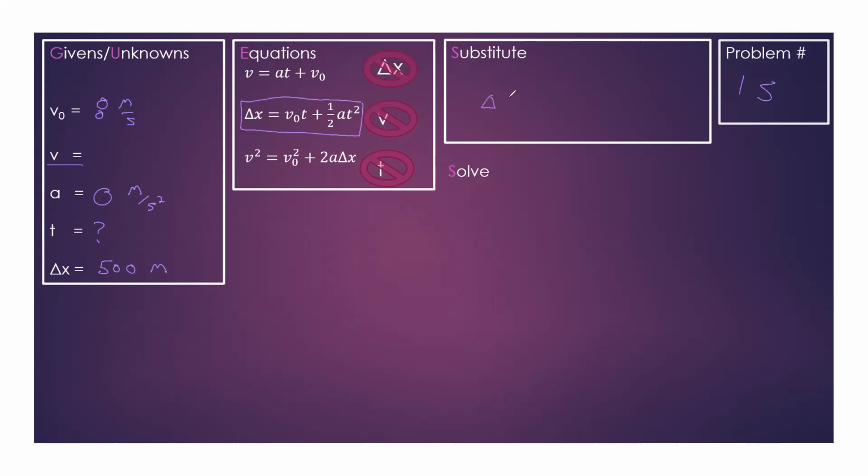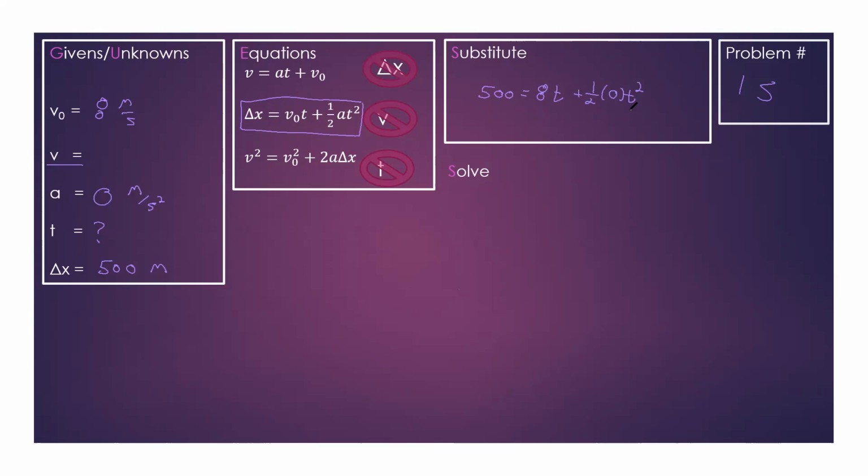So delta x equals v. Whoops, sorry, if I'm going to substitute in, I should do it correctly. Delta x, which is 500, equals v naught times t plus 1/2 0 t squared.